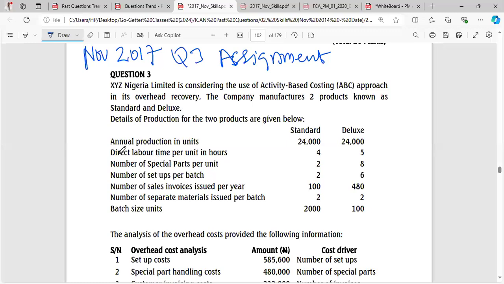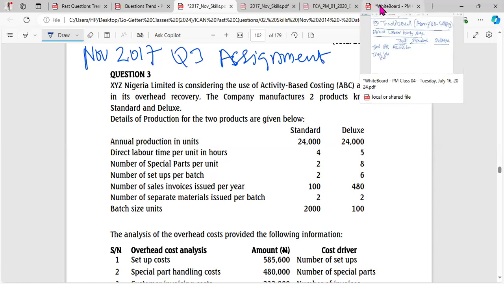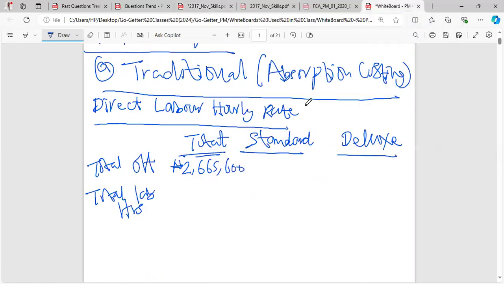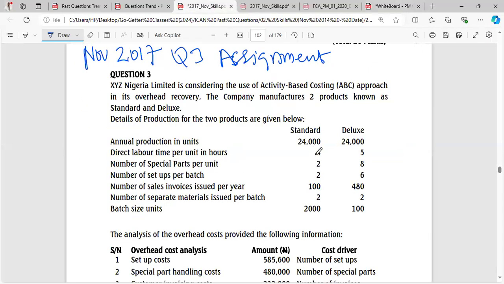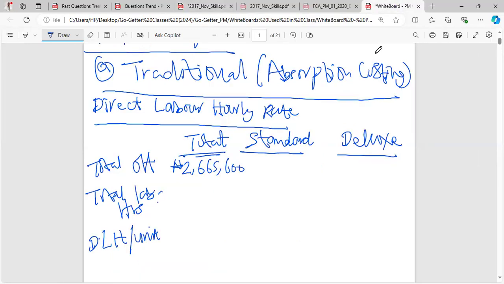So we'll bring the direct labor time per unit, direct labor hours per unit. Now for standard, it is 4. For deluxe, it is 5. So we have our 4 here, and we have our 5 here.